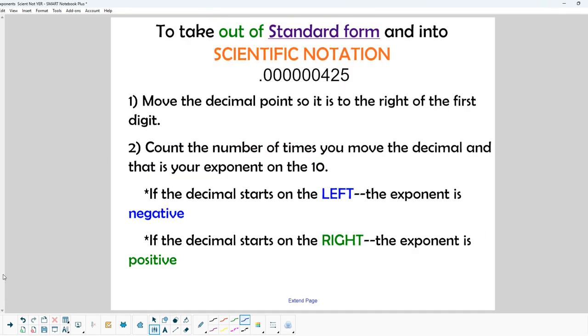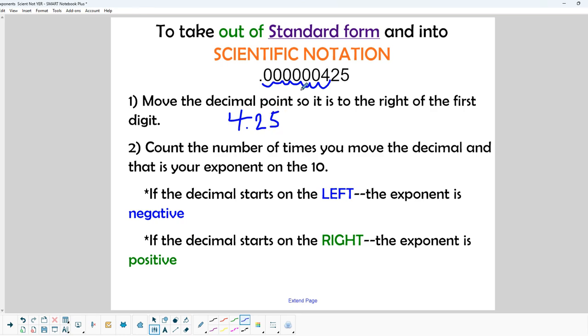Okay, to take out of standard form and into scientific notation form, you move the decimal until there's only one non-zero digit to the left of it. So 1, 2, 3, 4, 5, 6, 7. So this would be 4.25.